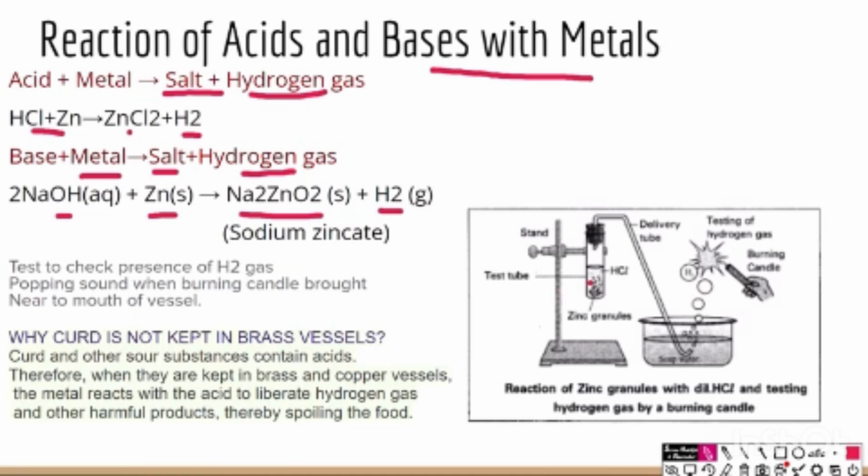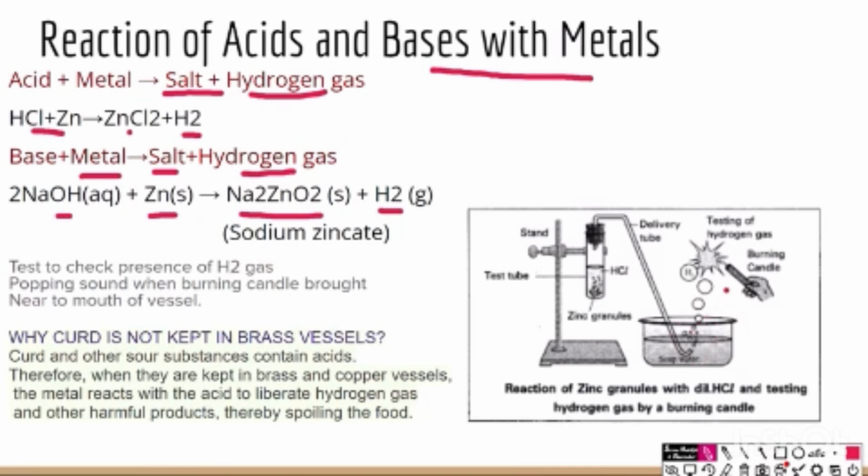So here you can see hydrogen gas is liberated, and how do we check that the liberated gas is hydrogen gas? We have this apparatus. We use a delivery tube to deliver the gas into this soap water solution. We can see the bubbles of hydrogen gas coming.